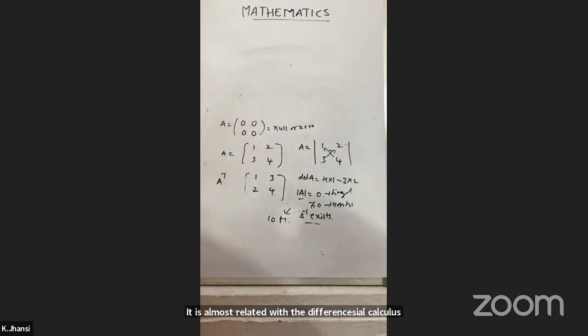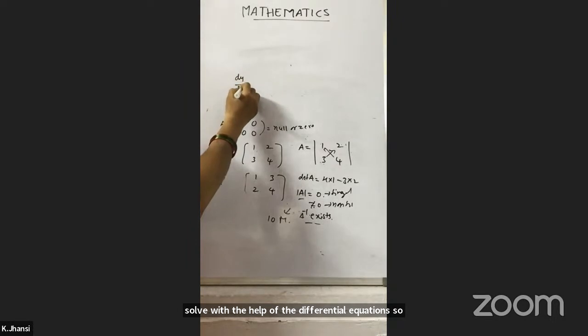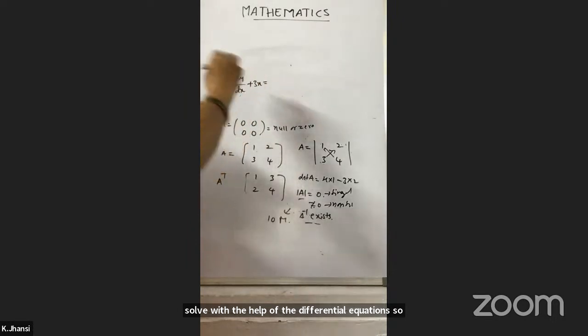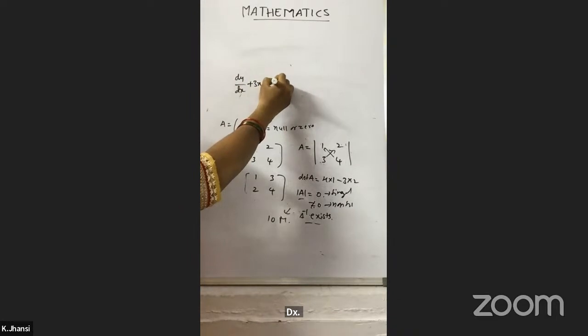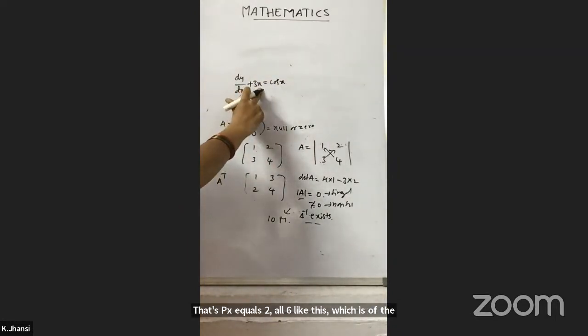So the problems we have in thermodynamics, kinetics, and also quantum mechanics, whatever problems are there, you can solve with the help of differential equations. Normally a differential equation looks like this: dy by dx plus 3x equals cos x, which is of order 1 and only one variable is there.